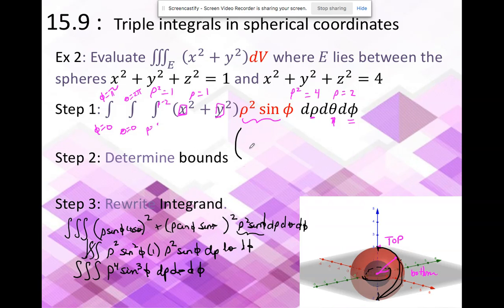And since it's all multiplication, it doesn't matter the order. I took care of my theta, which I know is just going to get me 2 pi. Then I did my rho. I just have rho to the 4th. And then I had my phi.